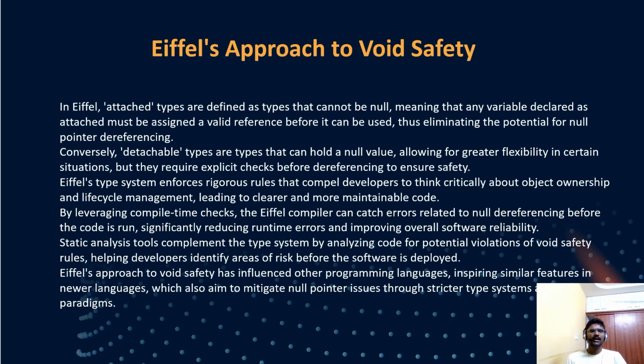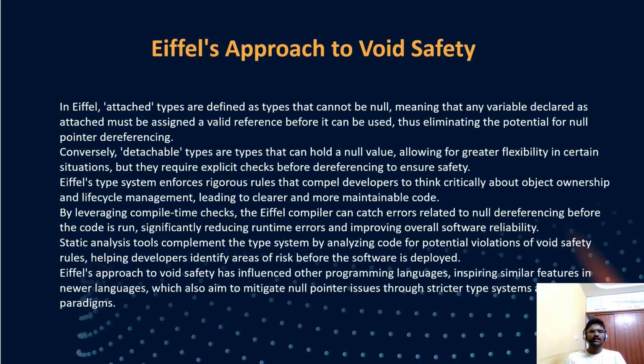Conversely, detachable types are types that can hold a null value, allowing for greater flexibility in certain situations, but they require explicit checks before dereferencing to ensure safety.